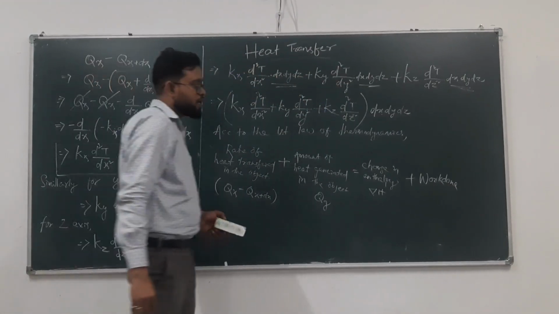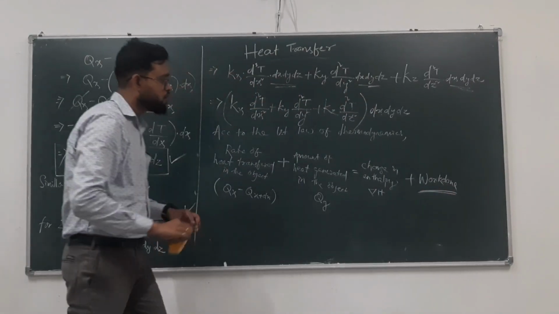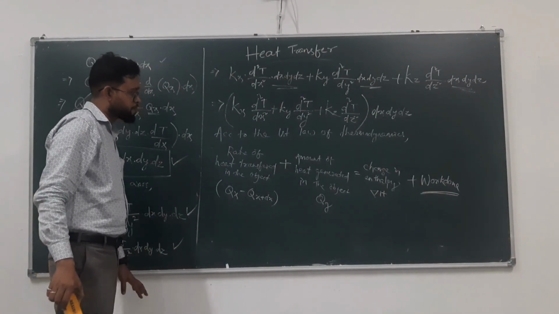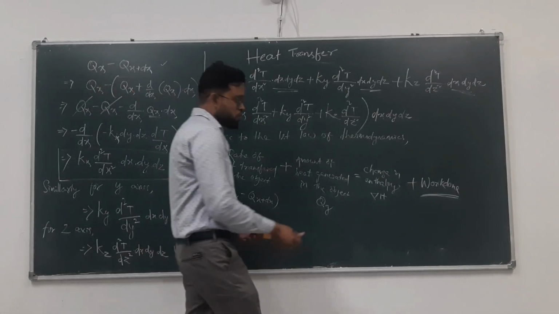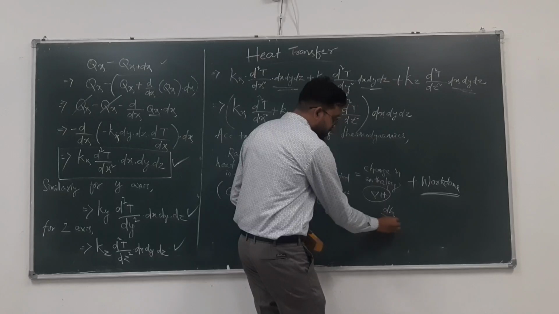But here we will ignore the work done because it is very negligible. So dh is equal to dh by dt.